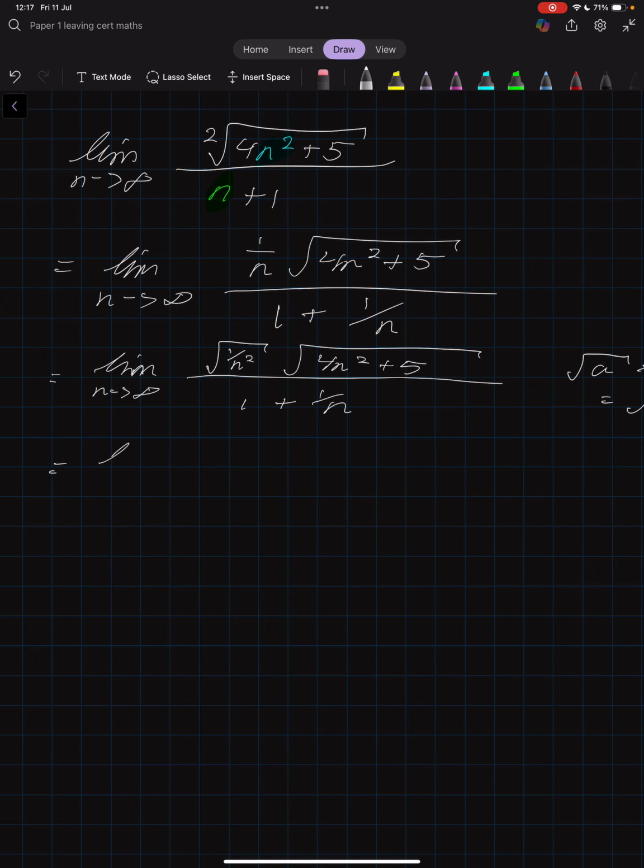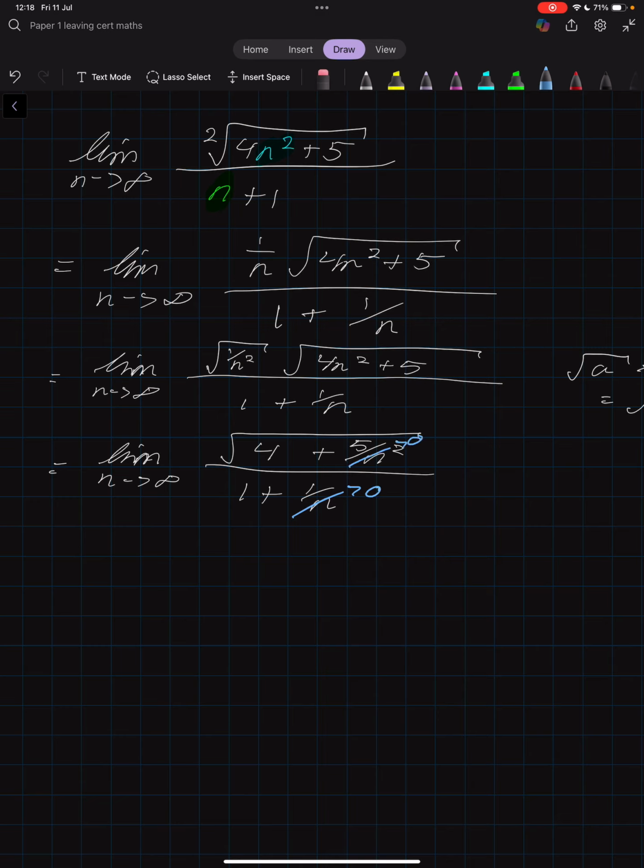So this now is the limit as n goes to infinity of the square root of 4 plus 5 over n squared all over 1 plus 1 over n. Now, if I apply the limit as n goes to infinity, this 1 over n, again, as n gets really big, this just basically becomes 0, and this also basically becomes 0.